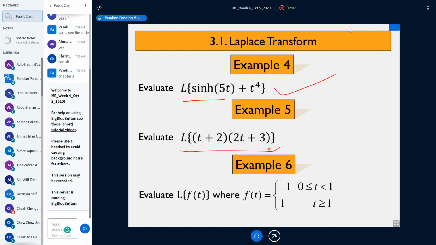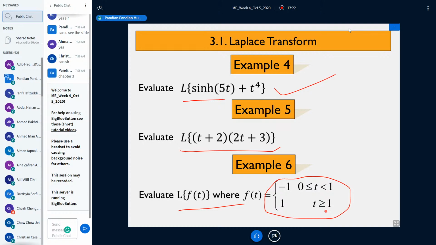For this one, you have to have two pieces: from 0 to 1, and another from 1 to infinity.